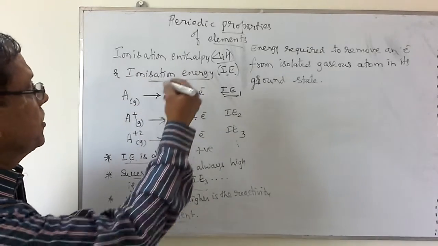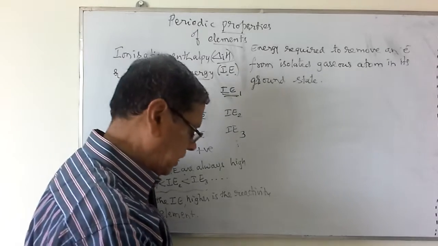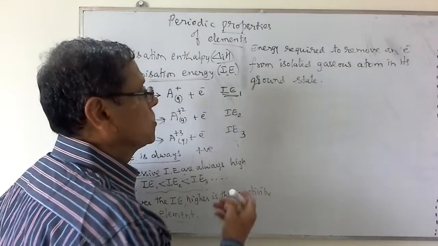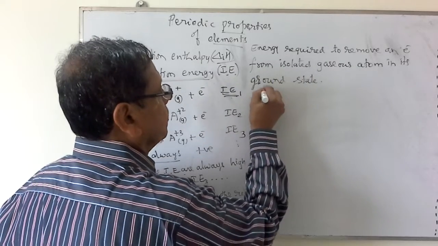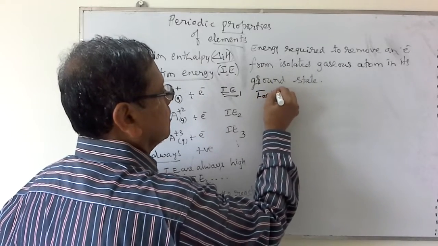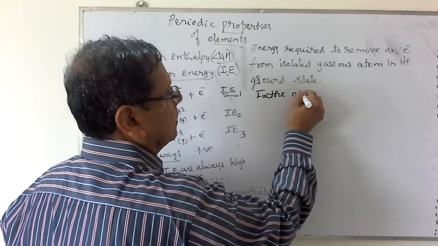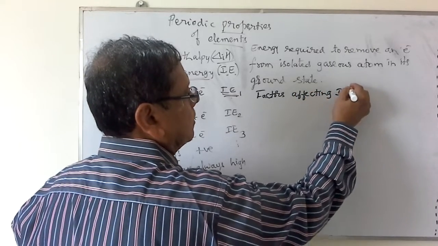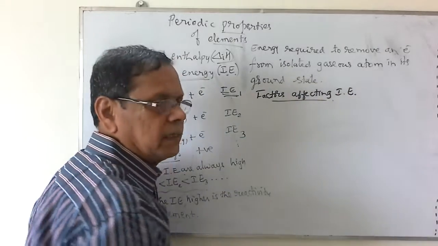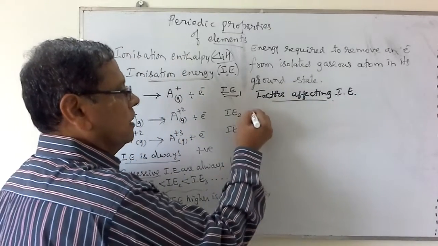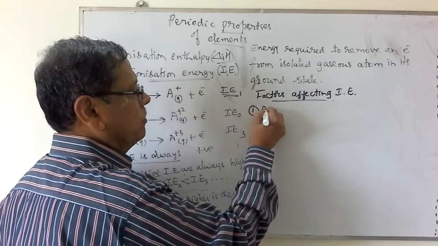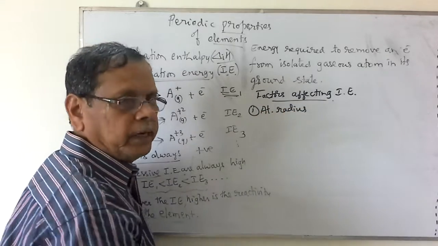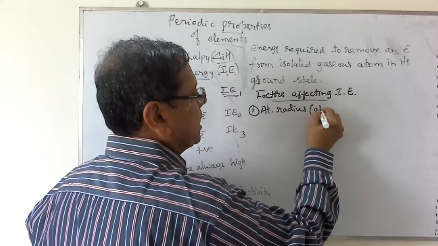Then these ionization energies or ionization enthalpies depend on various factors. So we can consider factors affecting ionization energy. The first factor is atomic radius, or we can say atomic size.